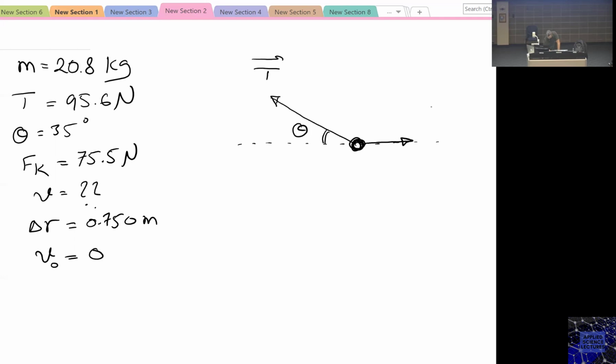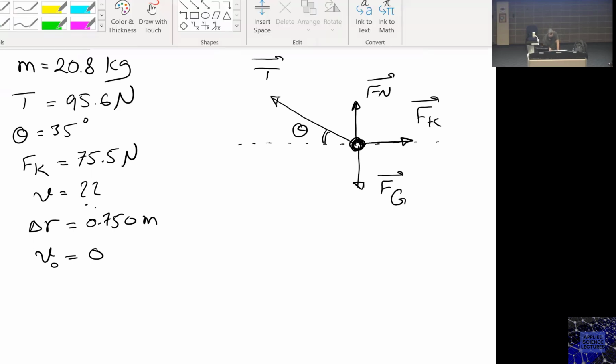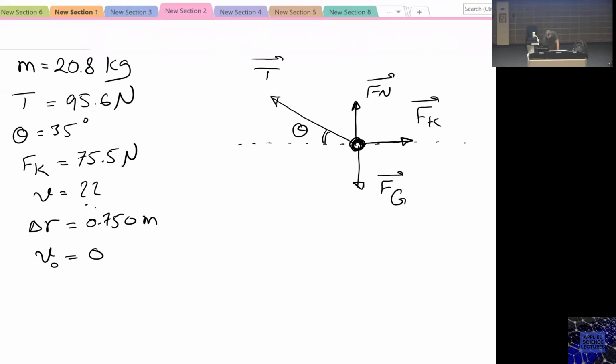Kinetic frictional force. Gravitational force. Normal force. I would like to put my coordinates such that x is pointing in the direction of the motion here. We have y.